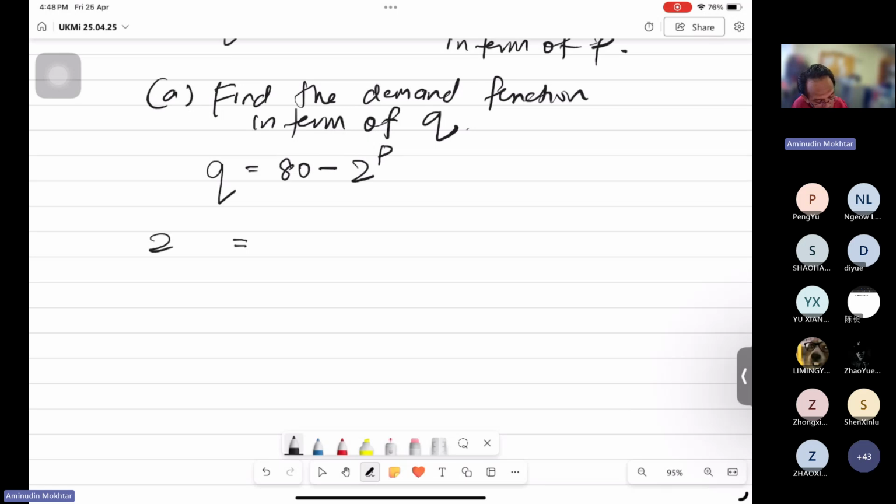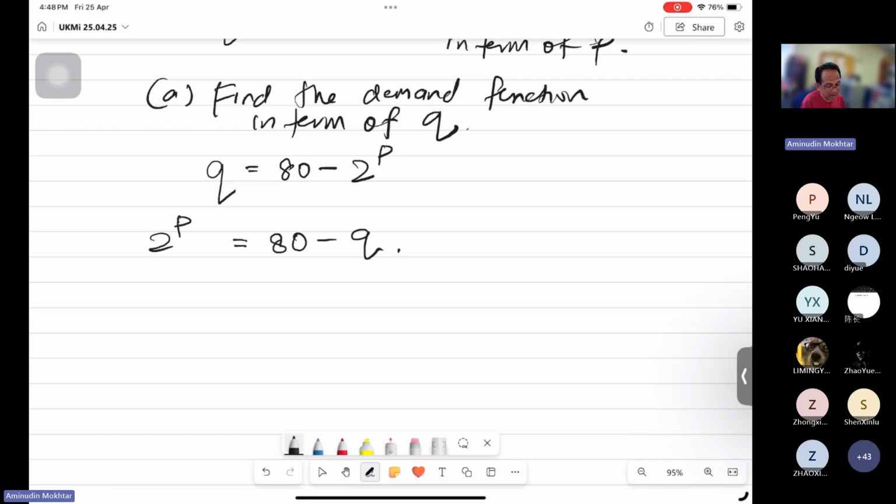So we can say 2 to the power of P equal to 18 minus Q. Now we have P in the power position, 2 to the power of P. Now we need to find P.